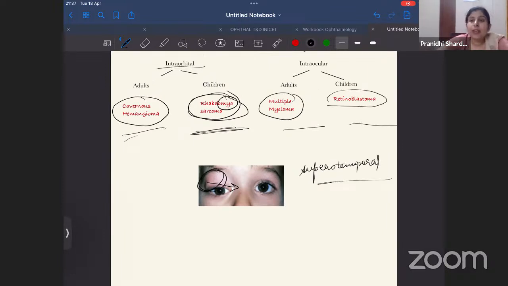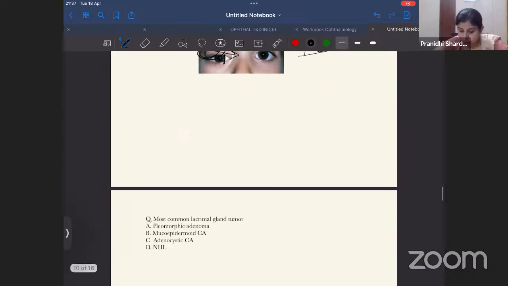Another differential diagnosis asked in NEET-PG is dermolipoma. And if it is on the limbal area, it will be the limbal dermoid. Okay. And the most common location of rhabdomyosarcoma will be superotemporal. This can be asked as an image-based question.